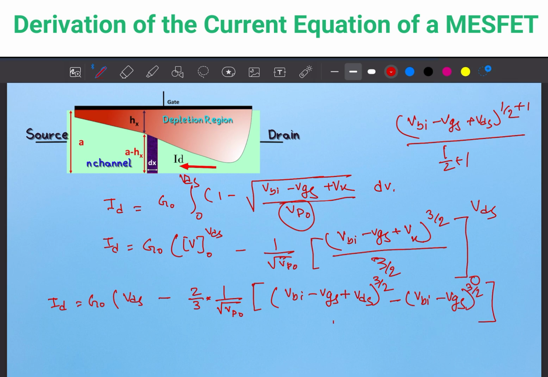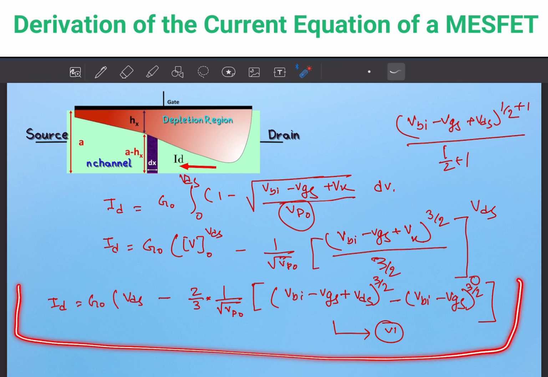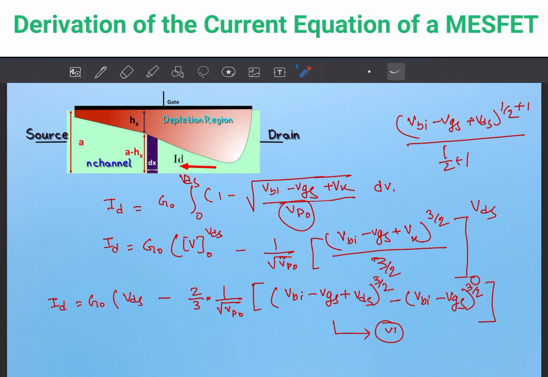So this will be equation 6. This is the current equation. This is the final current equation of the MESFET at the saturation region. So I just write down here: current equation of MESFET at saturation region.